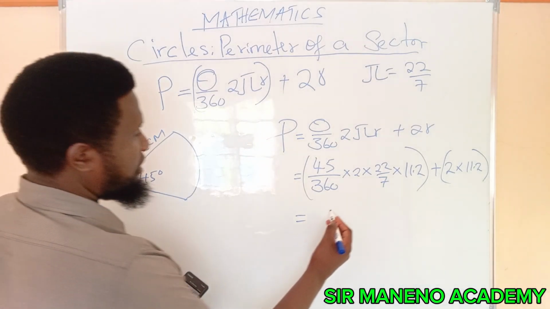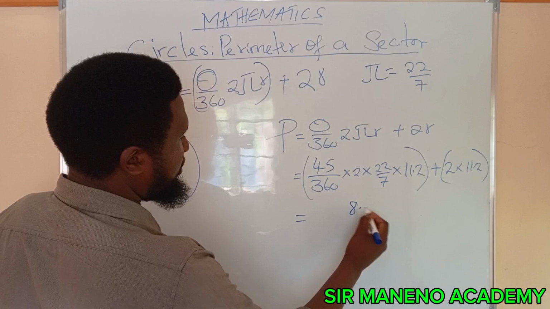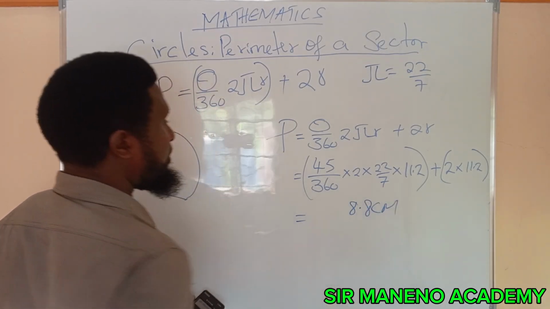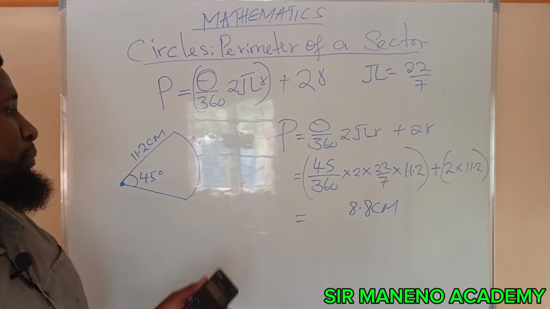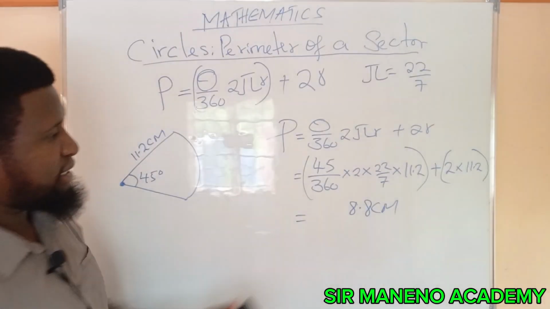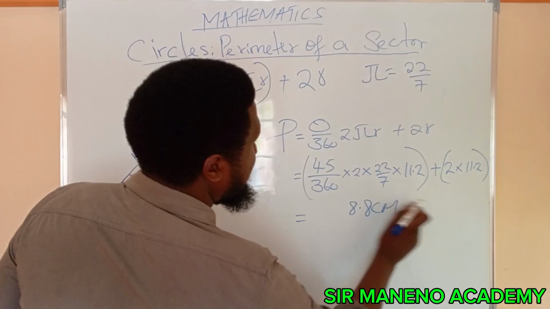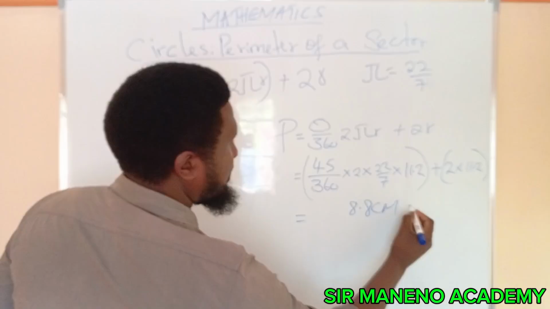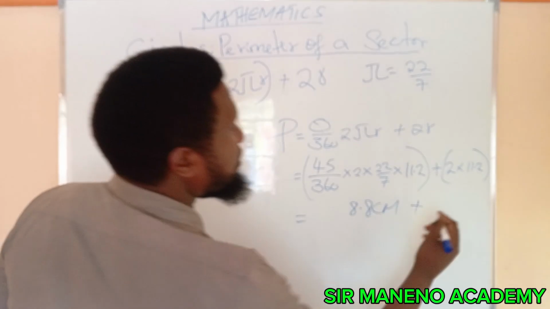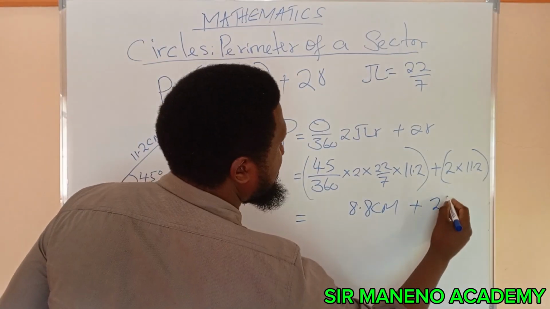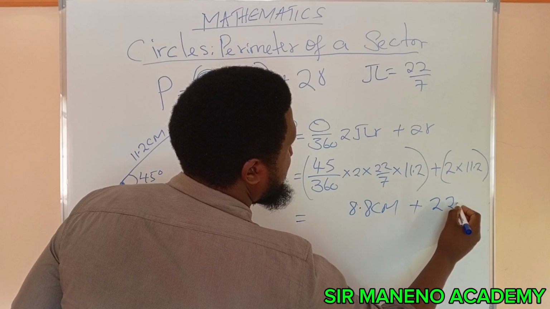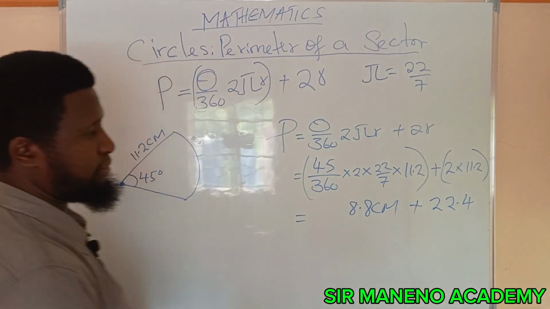This gives you 8.8, and they are in centimeters, remember? Then plus 2 times 11.2, this will give you 22.4.